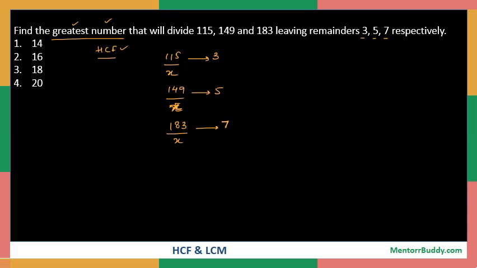But we cannot take the HCF of 115, 149 and 183 because we are not going to get x when we take the HCF of these three numbers. So to get a common factor, we have to first remove the remainder from the given numbers. So if I remove the remainder, 115 minus 3 gives me 112.